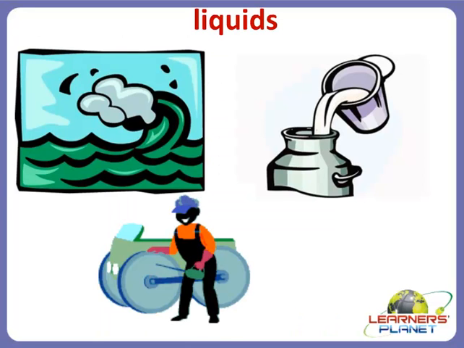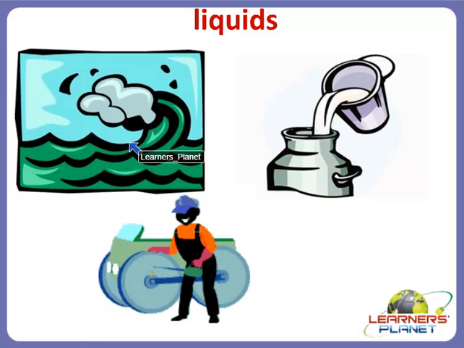Okay children, now we will study about the second state of matter, that is liquids. So children, substances such as water, oil and milk flow easily and take the shape of the container they are poured in.